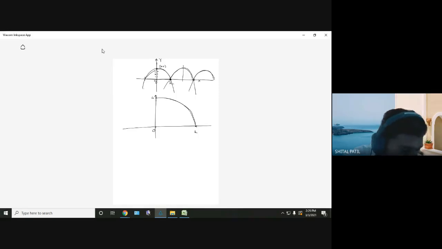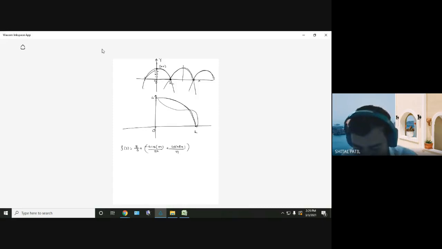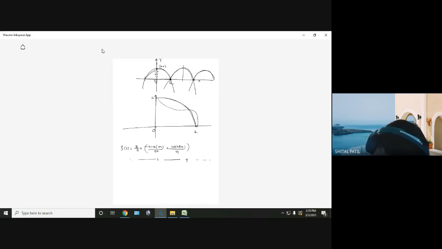if we try to draw the graph of it, something like this. I write 8/3 plus, one minute, give me 1 minute, -4 cos of pi x divided by pi square plus 4 sin of pi x divided by pi. Up to the first harmonic I took f of x, so the graph will come something like this. Okay. If I take up to second harmonic, this plus one more term, the graph may be like this.